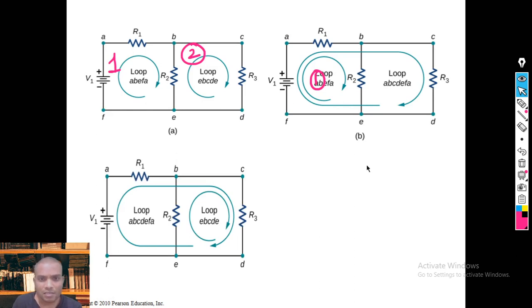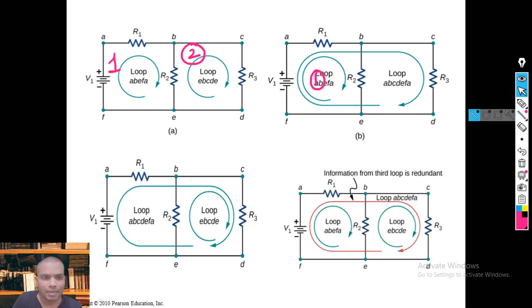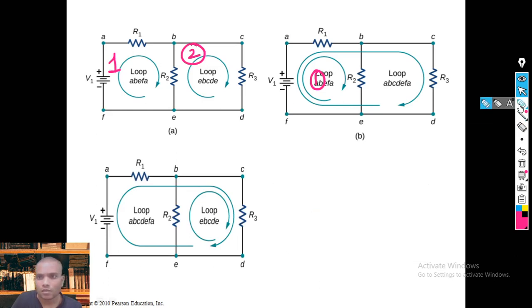Or we may consider exactly the opposite. Suppose I consider the first loop as A, B, C, D, E, F, A, that is the long loop. Then there is one more short loop within it.